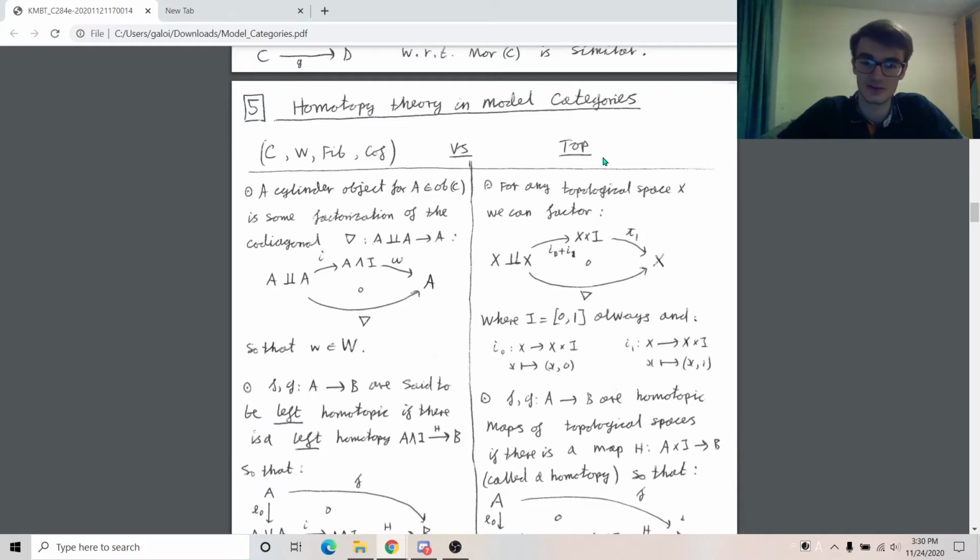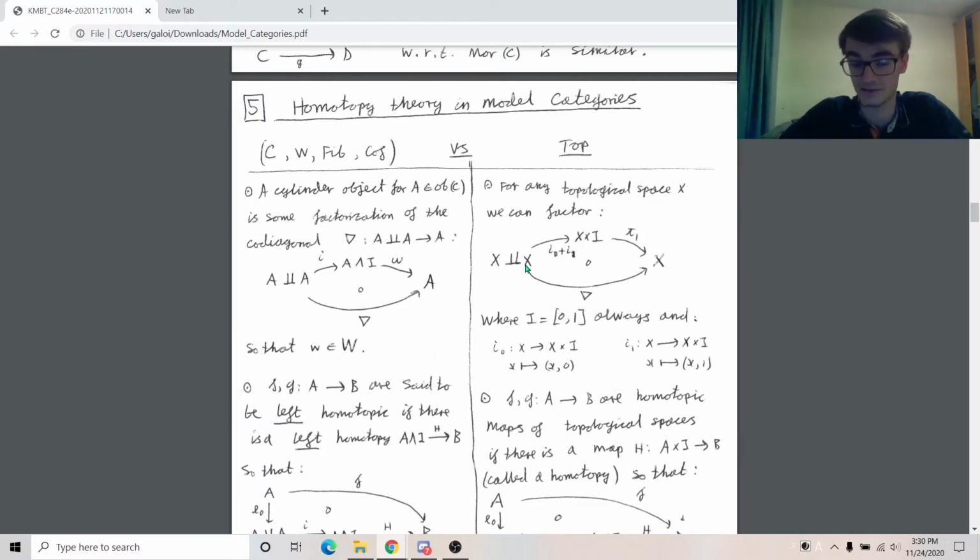The key object to do homotopy theory in topological spaces is a cylinder, which is where you take an object X and take its product with I, the closed unit interval. You can fit this X cross I into a diagram like this.